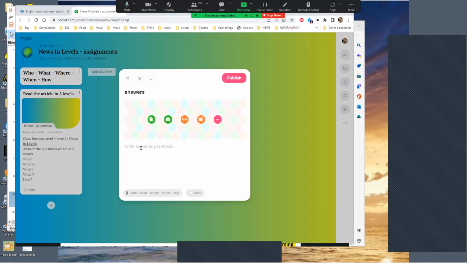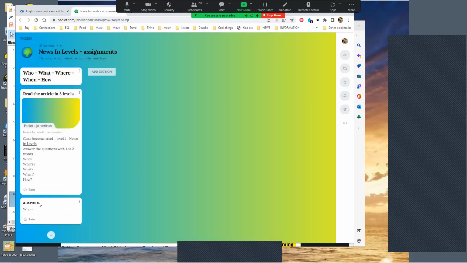So this one's asking you to answer the questions who, where, what, when, and how, with just 1 or 2 words. What we're going to do is work our way towards writing a 1-sentence summary for the article. All right, but this time we want to say who and give an answer. And then if you press publish, your answers will be there.